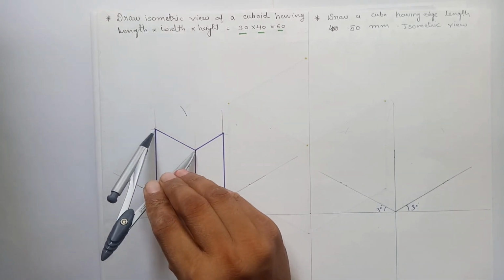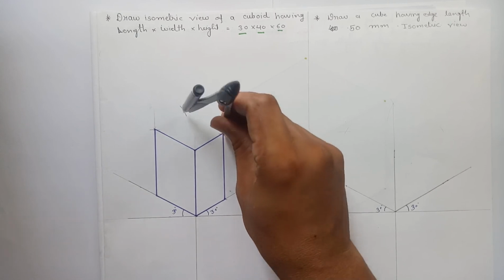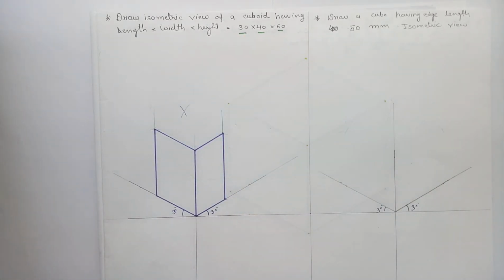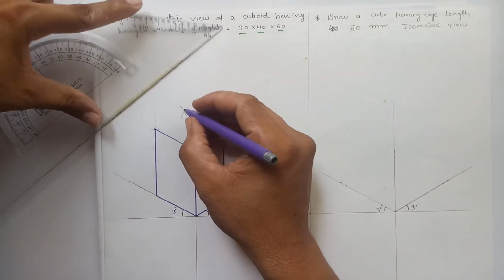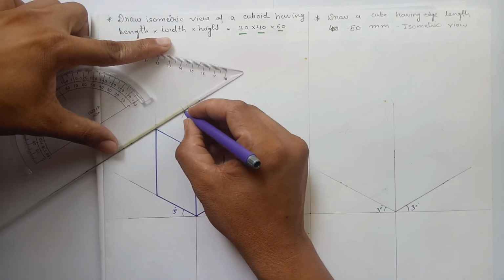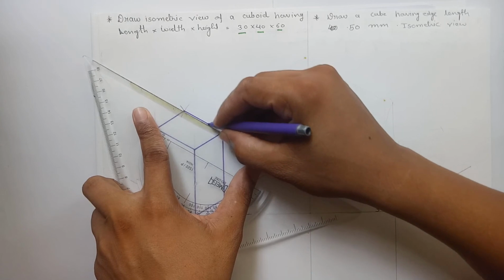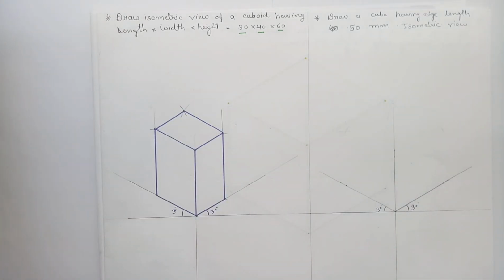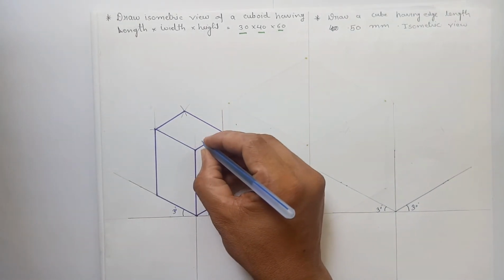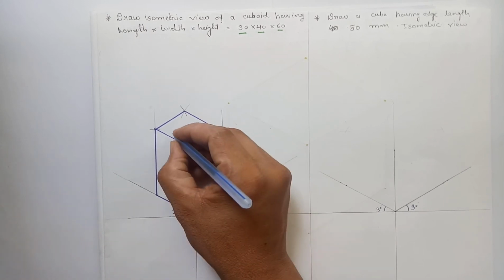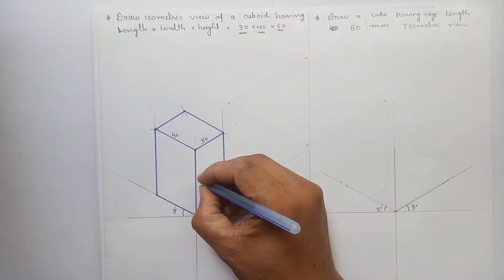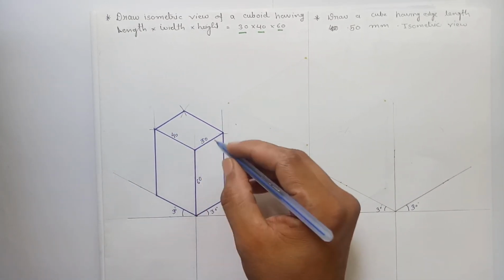It is going to project over here also. So join this point. So this is the cuboid having length 30, width 40 and height 60.